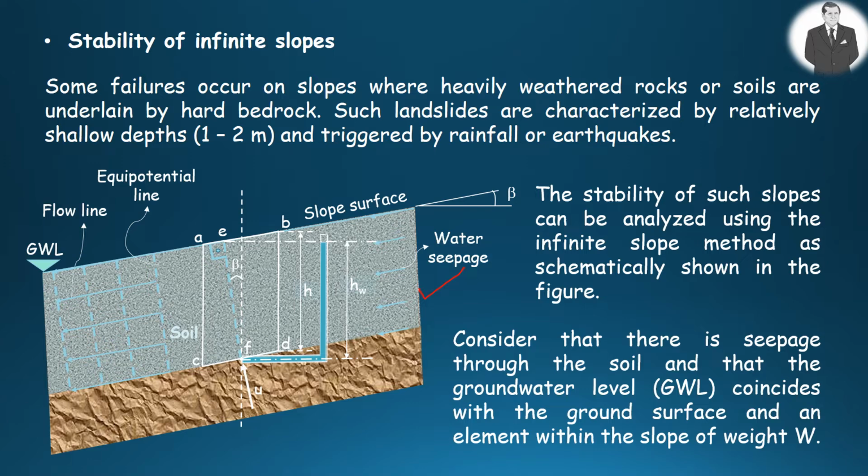Now, consider that there is seepage through the upper layer of soil as shown in the figure, and that the groundwater level is at the ground surface and an element within the slope of weight W. Now, the pore pressure at any point within the slope can be obtained by the construction of flow nets or inserting a standpipe at any point and measuring the groundwater level.